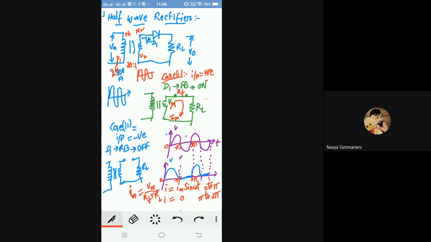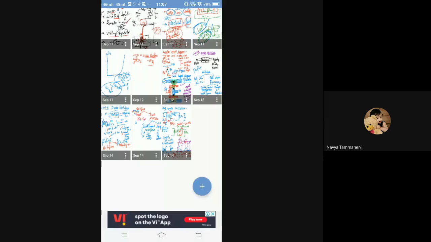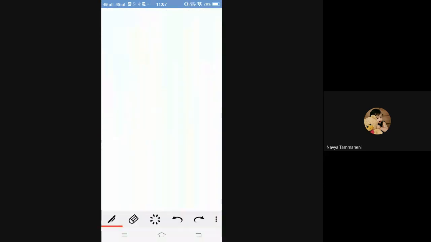Now I will discuss some equations. I will derive some equations for a rectifier. The first one is the DC or average current.